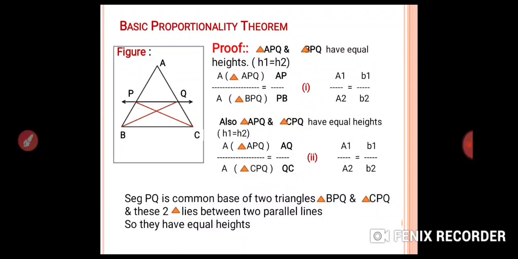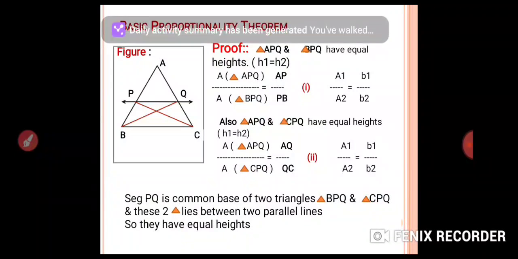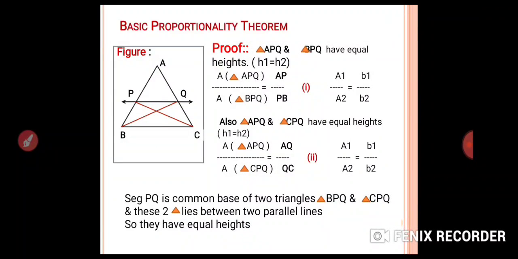For RHS, here we see the numerator is area of triangle APQ. So the numerator is the same. The denominators are triangle BPQ and triangle CPQ. By observing these two triangles, we see that segment PQ is the common base of these two triangles, and these two triangles lie between two parallel lines, that is PQ parallel to BC.